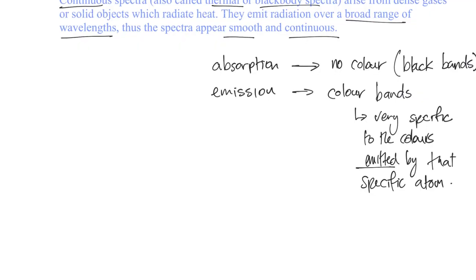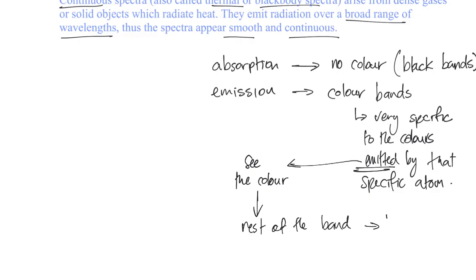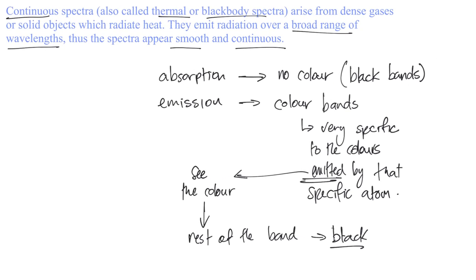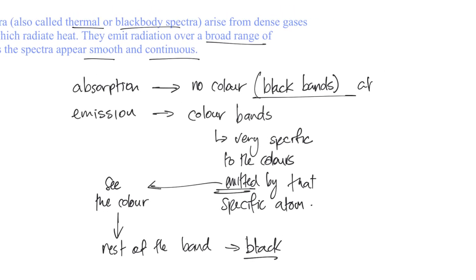What that means is whatever color is emitted, we will see the color, right? But the rest of the band would be black. You won't see any color. In your absorption spectrum, you're going to see mostly black bands, whichever color was absorbed, right?